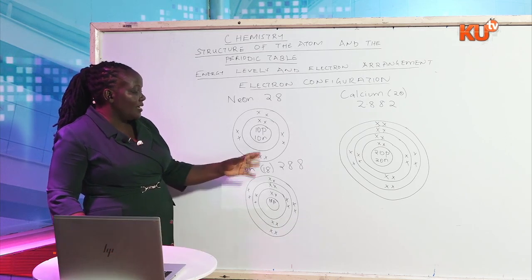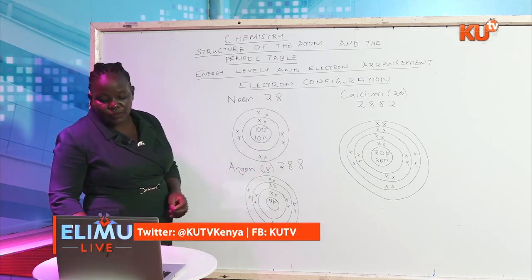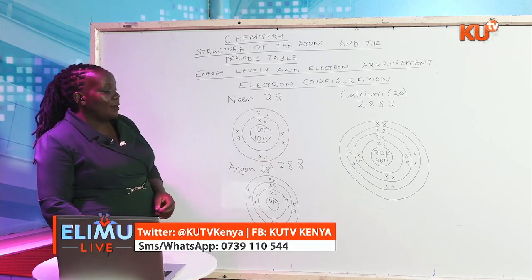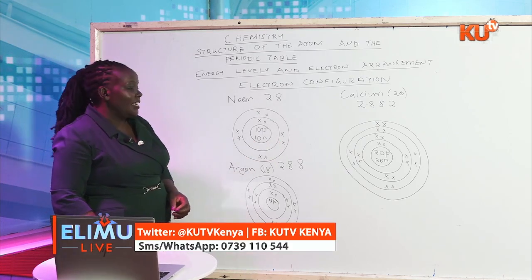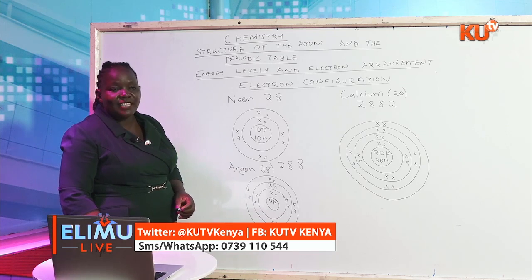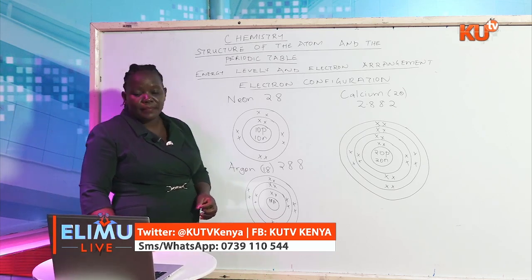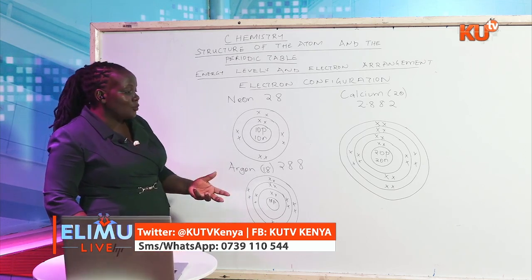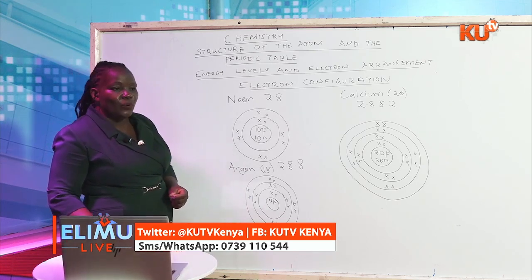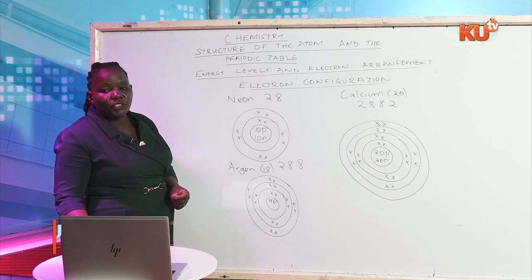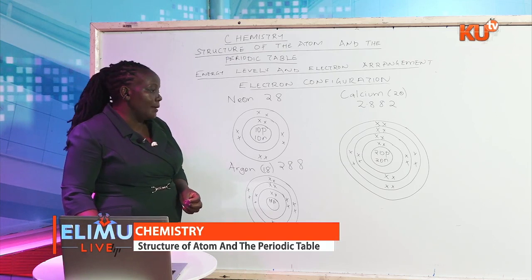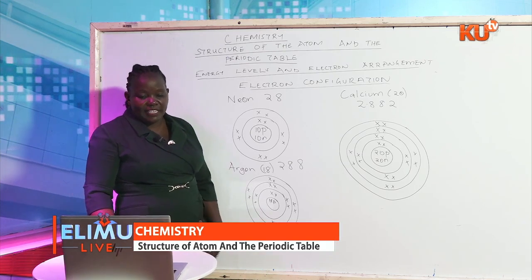If you don't want to use the cross, you can use the dots. At that point, it is my hope that if you are given the number of electrons that a given atom has, you can use that information in arranging the electrons in the energy levels.